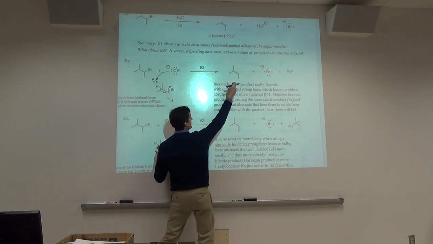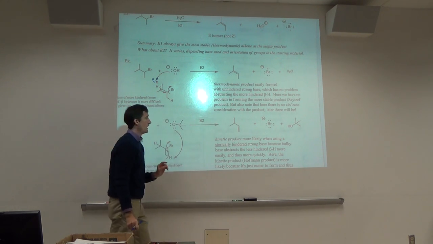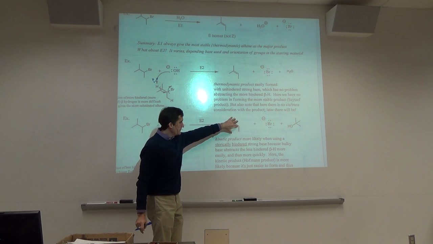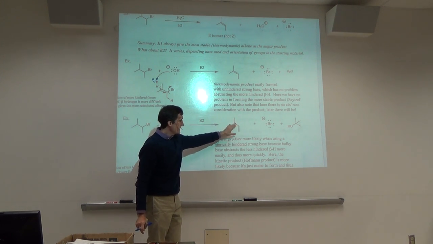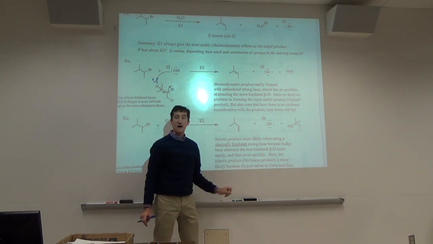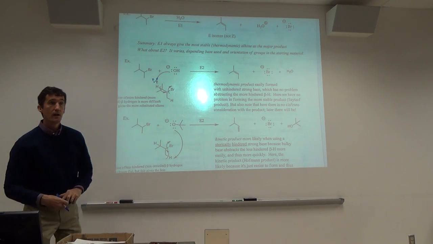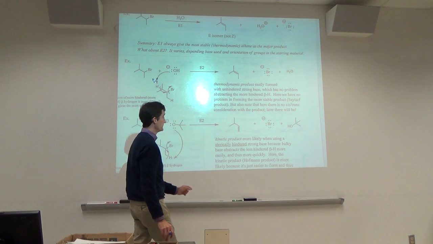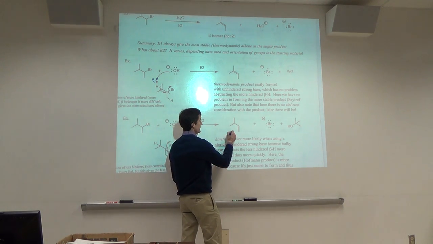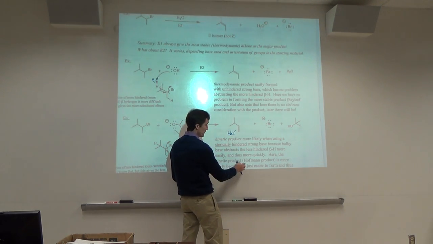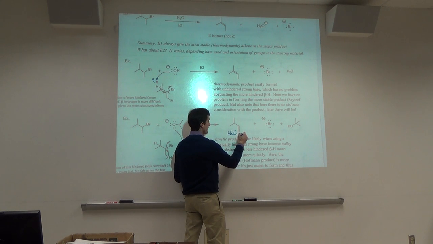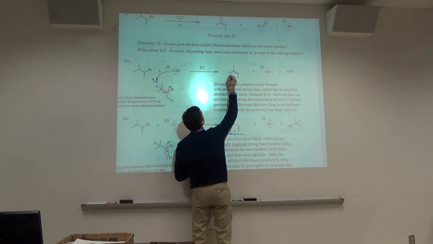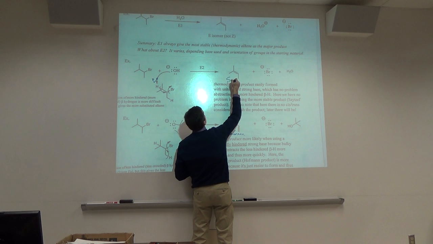It's not the thermodynamic product, that's the thermodynamic product. What's a name for this? Not Zaitsev, but Hofmann. Hofmann is the kinetic product or the less substituted alkene. This is Hofmann. Hofmann is spelled with one F and two N's. And this is Zaitsev. I have no idea how to spell Zaitsev.